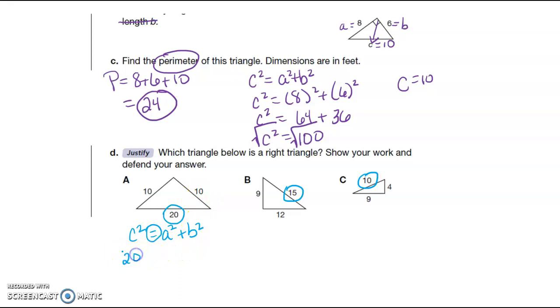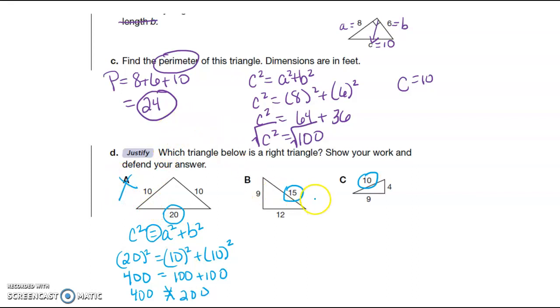So here I have 20 squared is equal to 10 squared plus 10 squared. So this is 20 times 20 is 400 is equal to 100 plus 100. 400 is not equal to 200. So this is not a 90-degree angle.